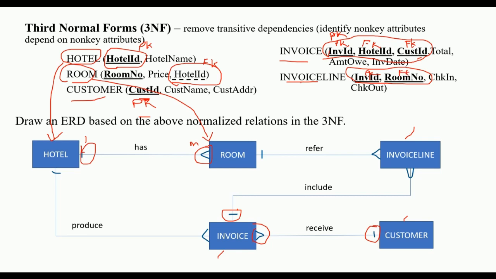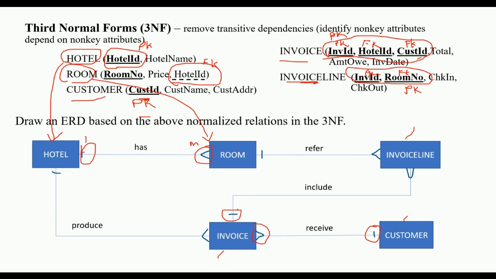But the primary key for invoice line is the composite key, which is the invoice ID and room number. So the primary key is invoice ID and room number, but by themselves, right? The invoice ID is actually the primary key for the invoice table, and room number is the primary key for room.